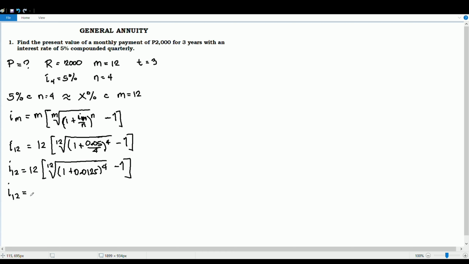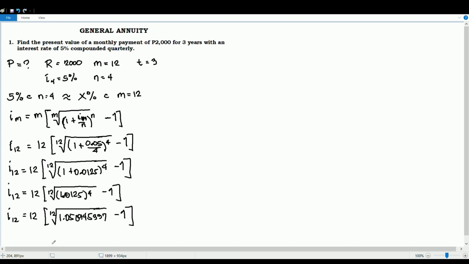Continue, we have I subscript 12 is equal to 12 times the 12th root of 1 plus 1.0125 raised to 4, minus 1. So we have to get the fourth power of 1.0125. The fourth power of that number is equal to 1.050945337, so that is our new radicand, minus 1.